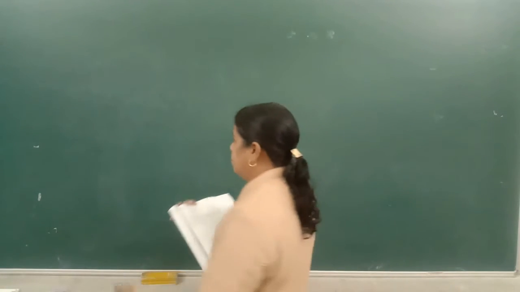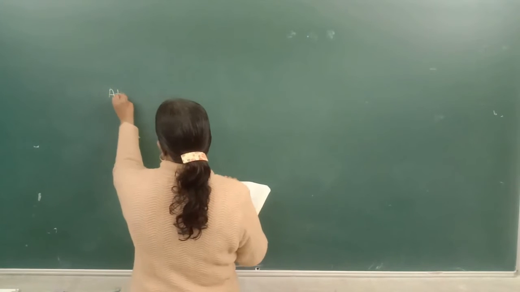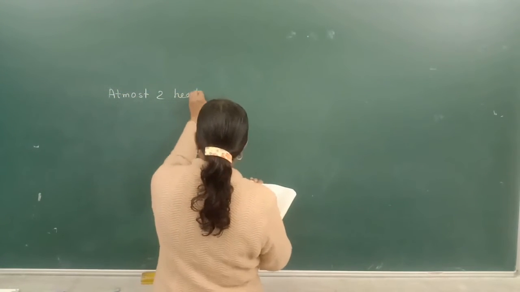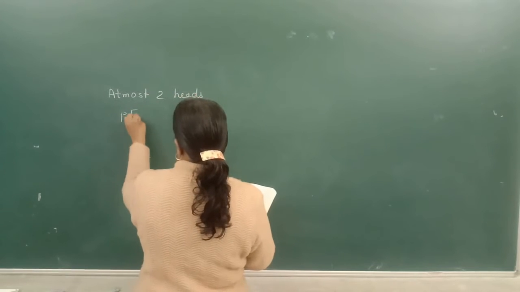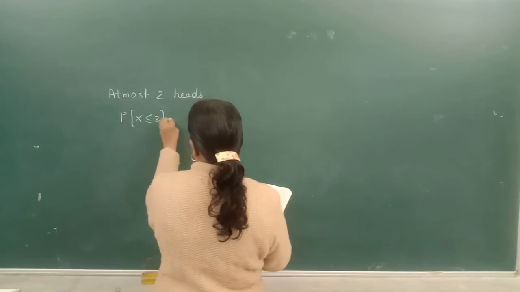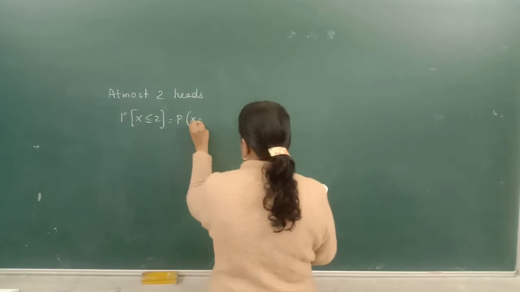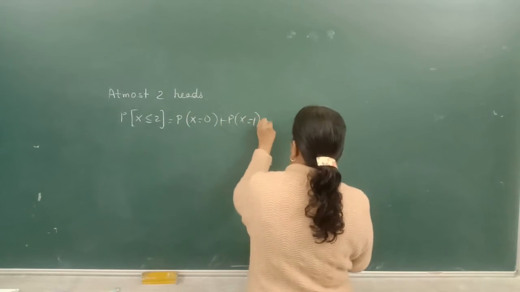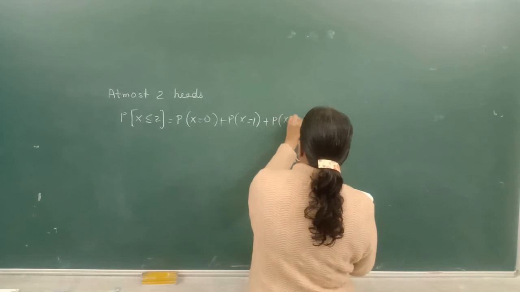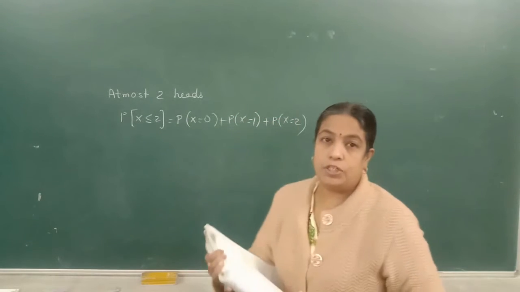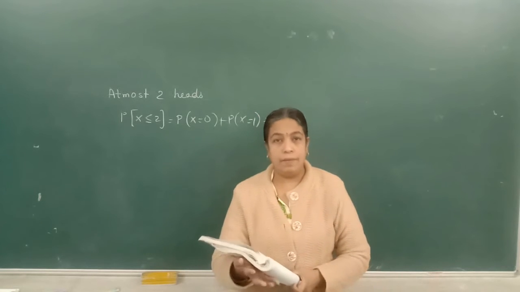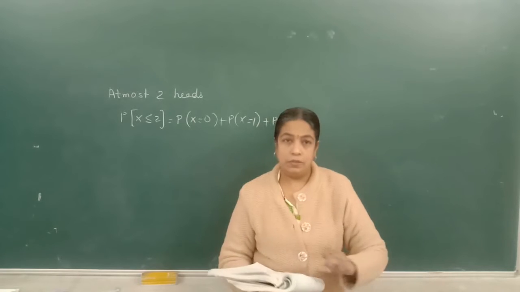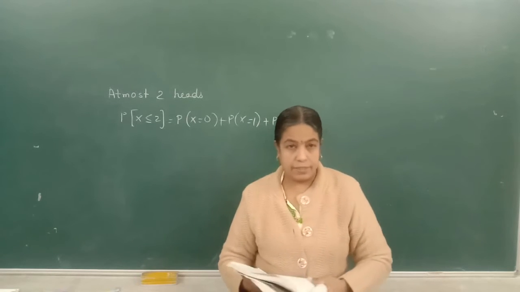That means, see, at most 2 heads, that is P of x less or equal to 2, means P of x is equal to 0 will also work, plus x is equal to 1 will also work, plus P of x is equal to 2. We just put the values and find out the answer. Simplification will be a bit of a problem, but you can do it. Now next sum we will see.